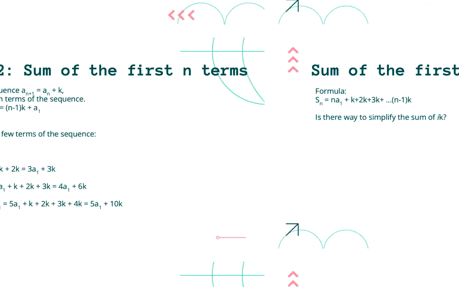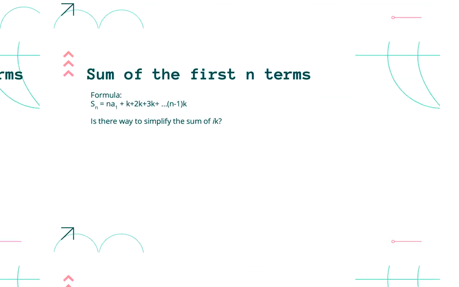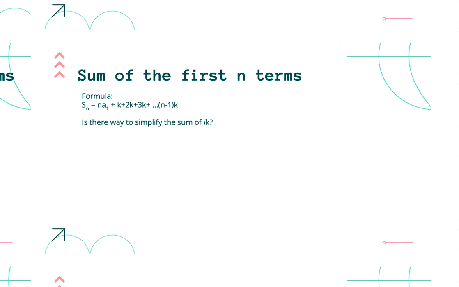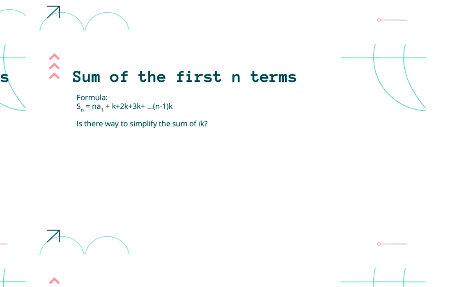So now it looks like our formula is going to be of this form, right? It looks like you're going to be adding up A1 n times, because that's included in every component of the sum, and then K is included n minus 1 times for the nth term in the sequence, right?